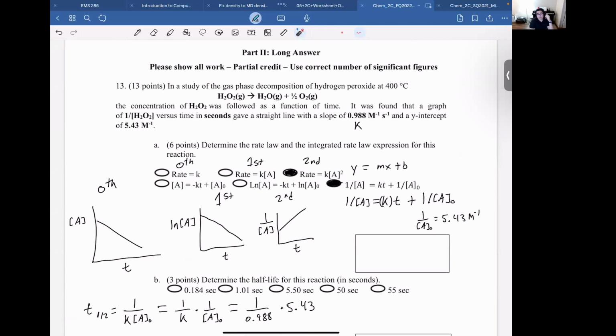If you are looking at an overall rate and you want to know if it's 0th, first, or second order in regards to a reactant, if you change the concentration and it doesn't do anything to the rate at all, it's 0th order. If you double the concentration, you get double the rate, right? Or if you halve it, you get half the rate, that's first order.